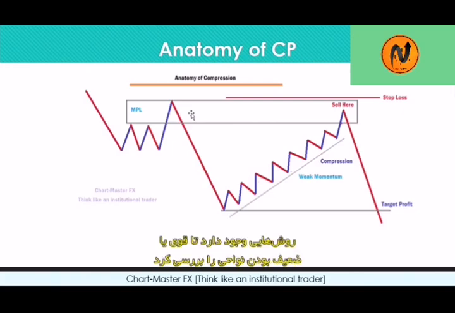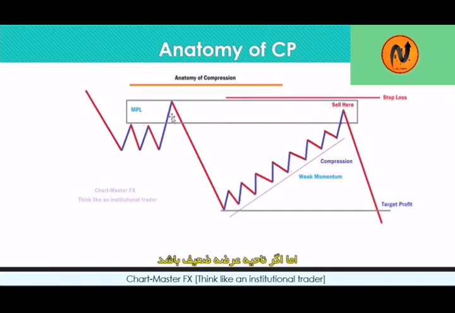There is a certain way that is used to qualify whether a zone is strong or weak. That helps you so that when you see the price coming towards your supply zone, if the price is doing a compression towards a strong supply zone, then the price is more likely to turn from there.